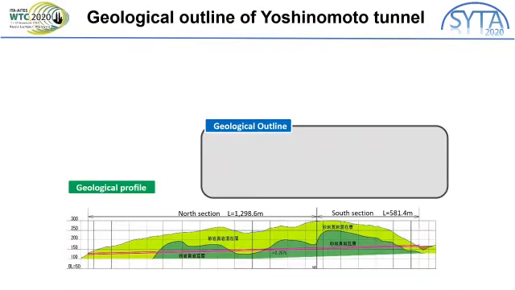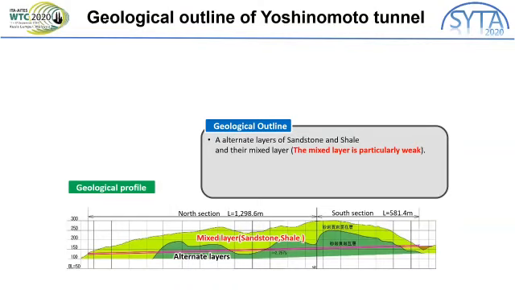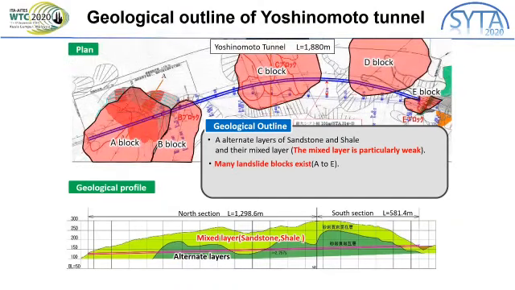This slide shows the geological outline of the Yoshinomoto Tunnel. The geology consists of alternate layers of sandstone and shale and their mixed layer. Due to the fragile geology, there were several landslide marks around the tunnel.